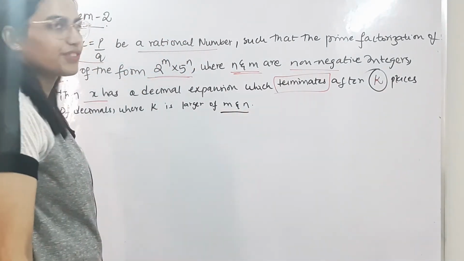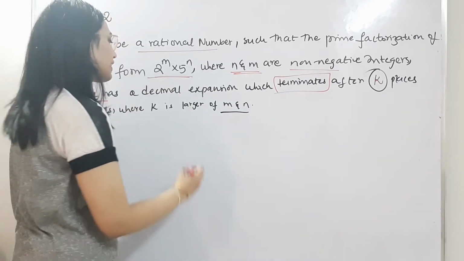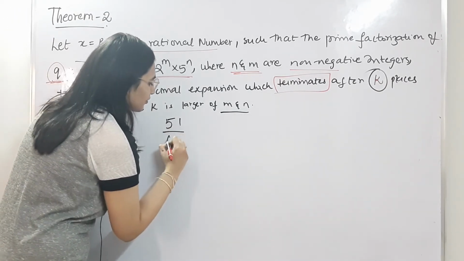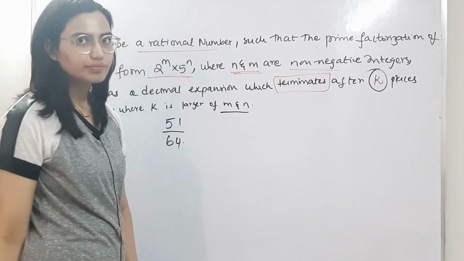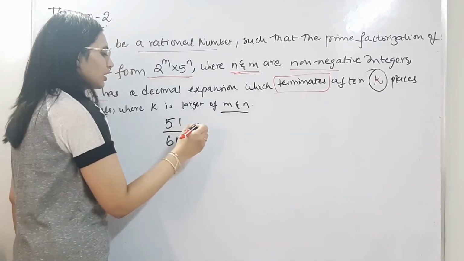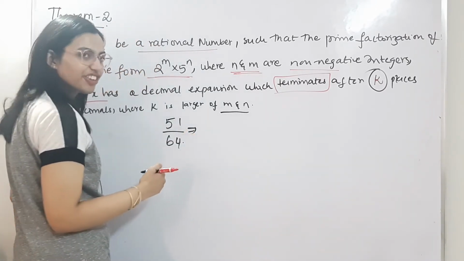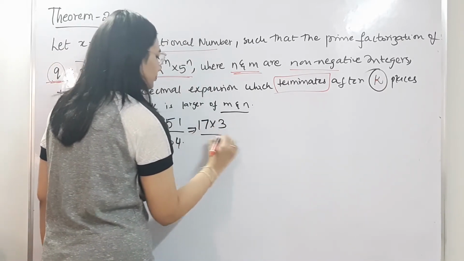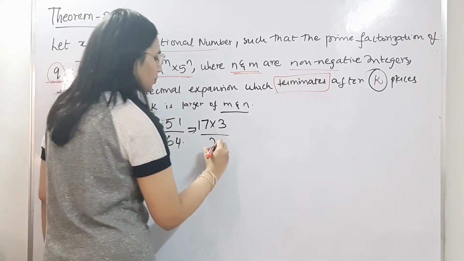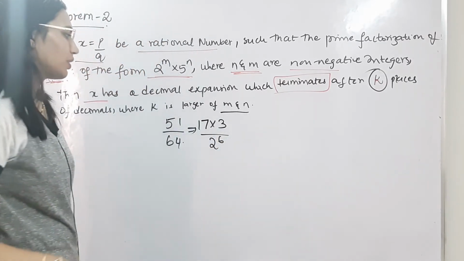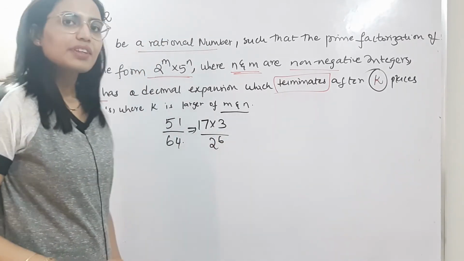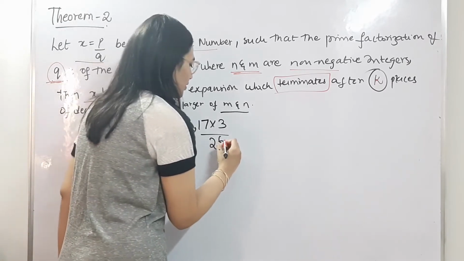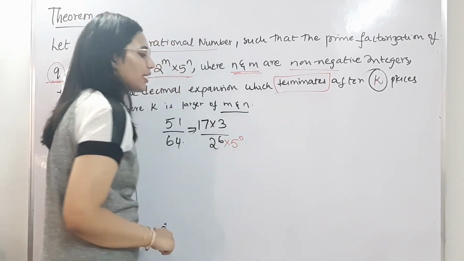How do we prove this? For example, we take 51 by 64. What is the prime factorization of 51 by 64? 51 is 17 3s are 51, and 64 is 2 power of 6. Now, in this case, what is the power of m here? Assume a hypothetical n.